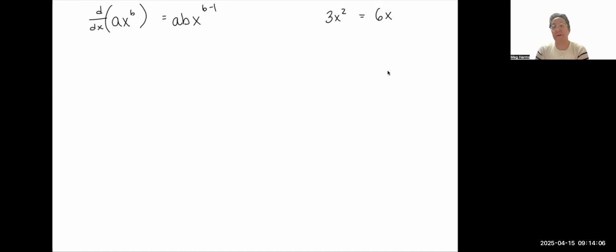So let's think about applications. And some of the biggest applications that we see are in motion. So if we think about a velocity versus time graph, and let's say our velocity versus time graph looks like this.